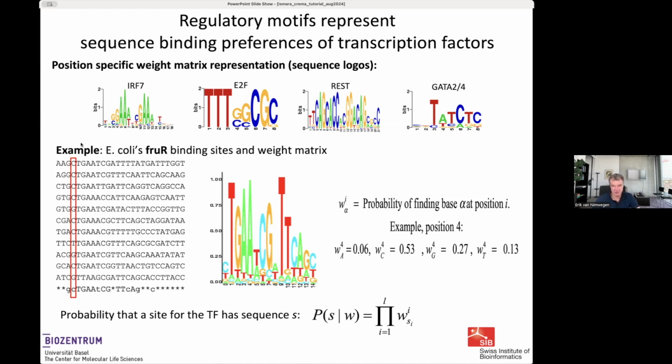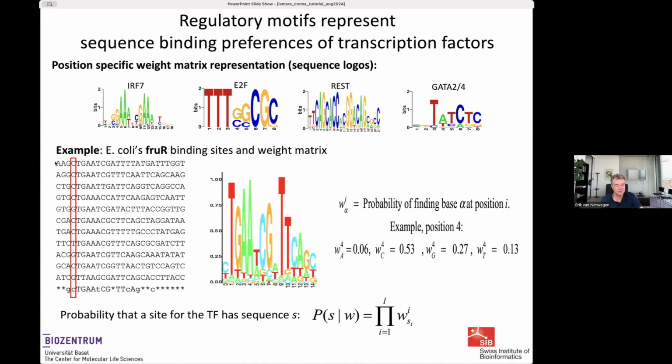So to explain what it is, here is a sequence logo for a transcription factor from the bacterium E. coli. Here is a list of known binding sites of this transcription factor that have been aligned with each other.